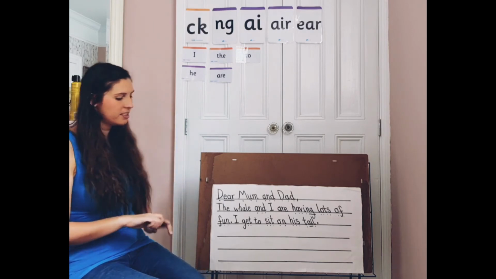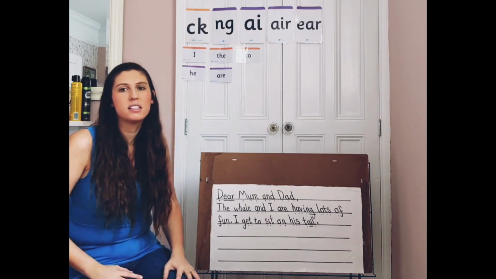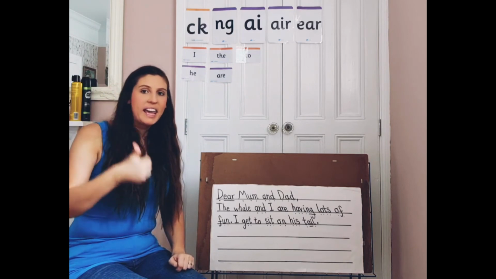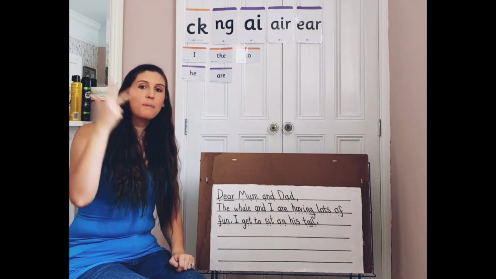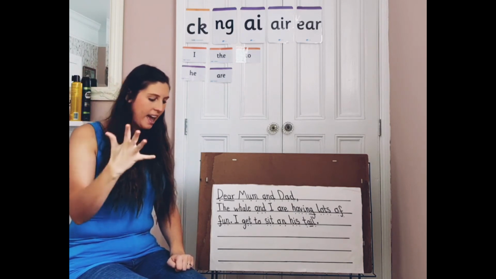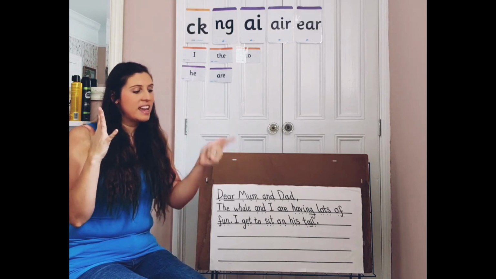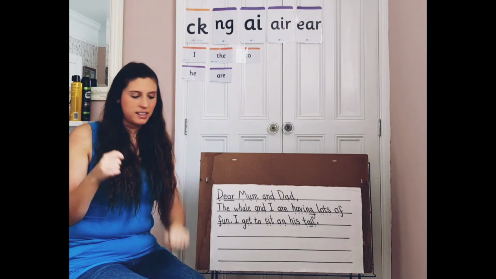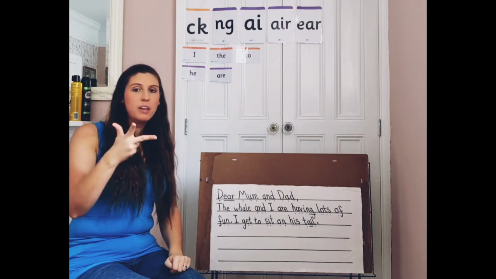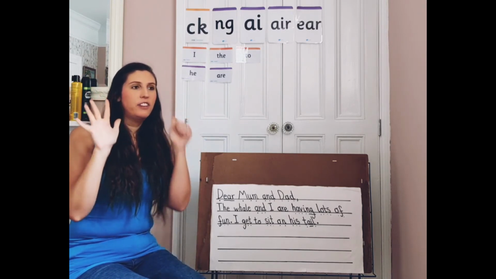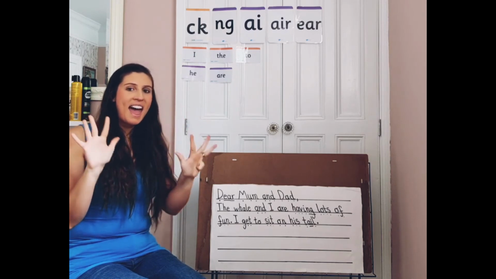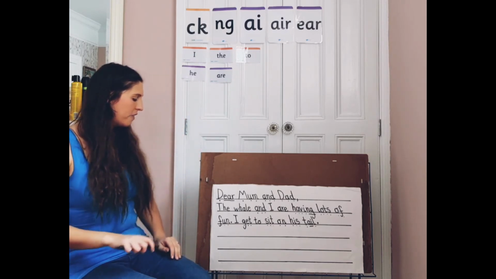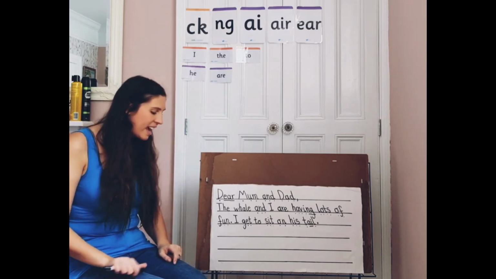Okay? So let's count the words in that sentence first. He can swim fast and flip in the air. So we've got 9 words in that sentence. He can swim fast and flip in the air. Okay, so our first word is he.